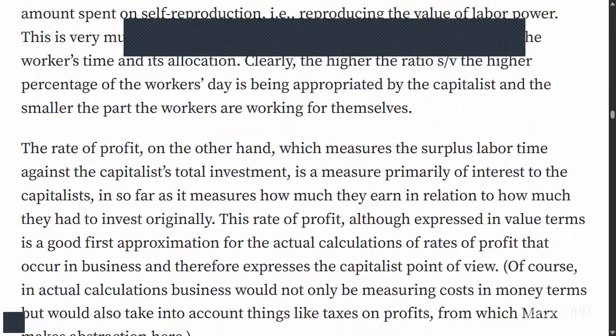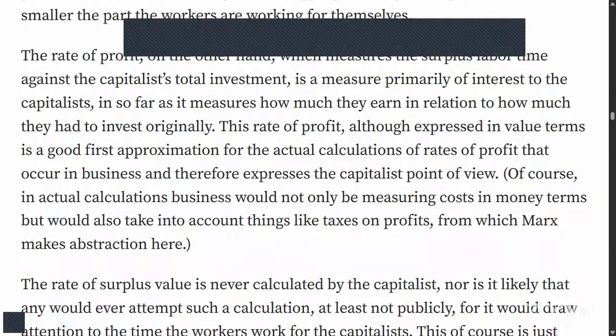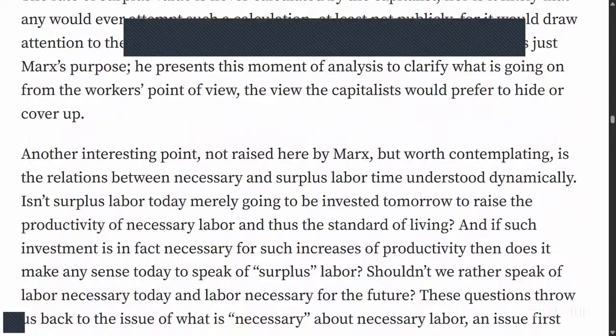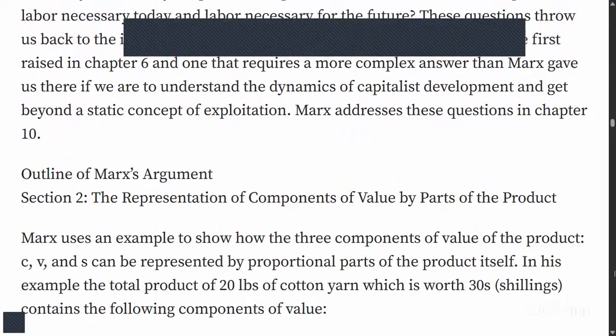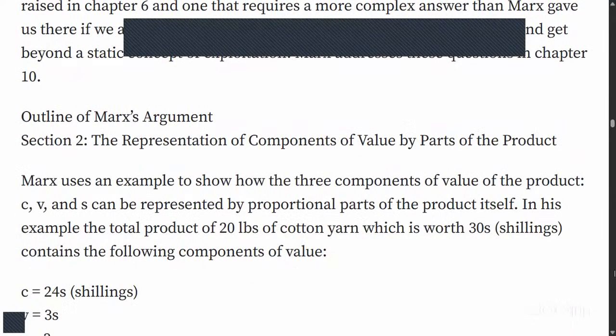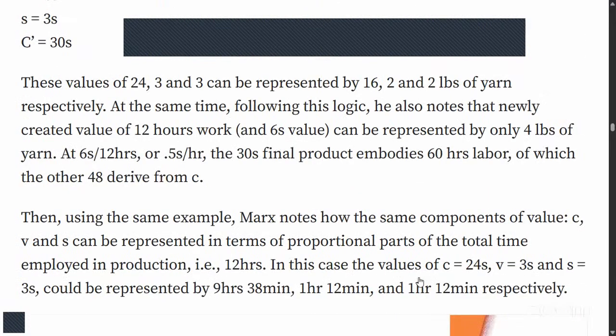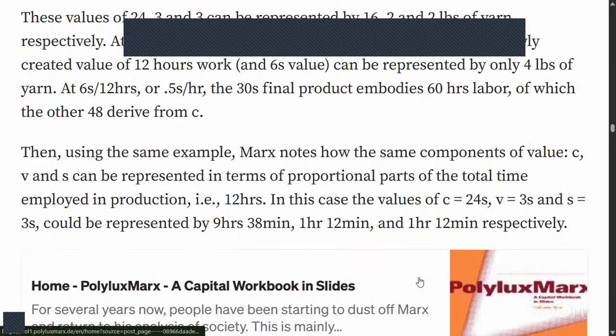Recall that I've mentioned that volume 1 is front-loaded, so this is an attempt to make it as clear as possible. Note, of course, it's an outline of Marx's argument, and it has numbers. The point is that we should consult a variety of sources in order to talk about this matter.